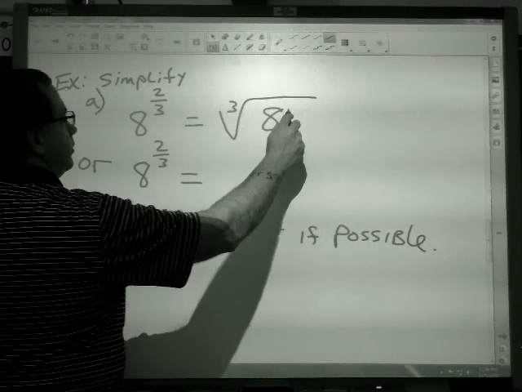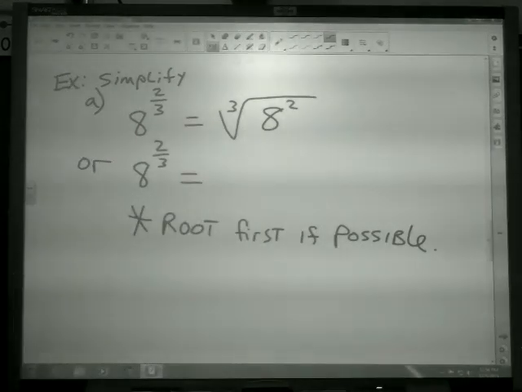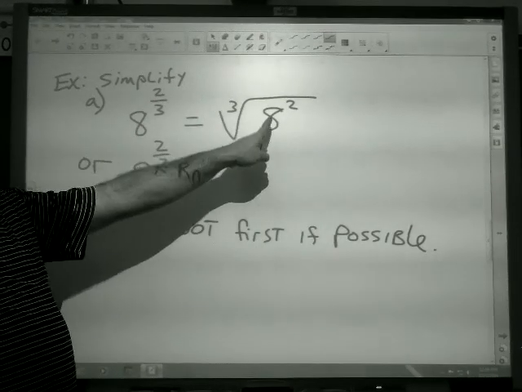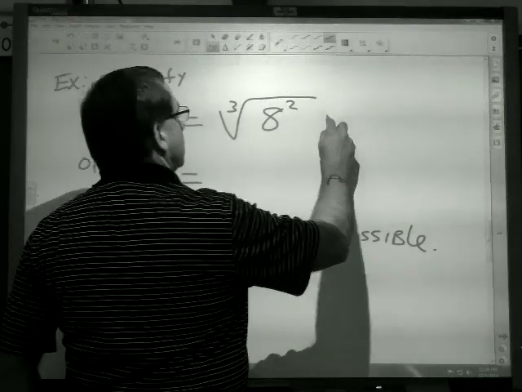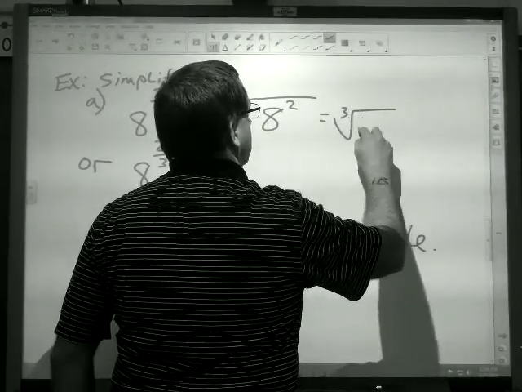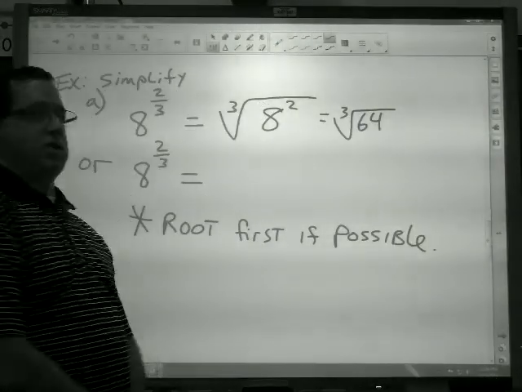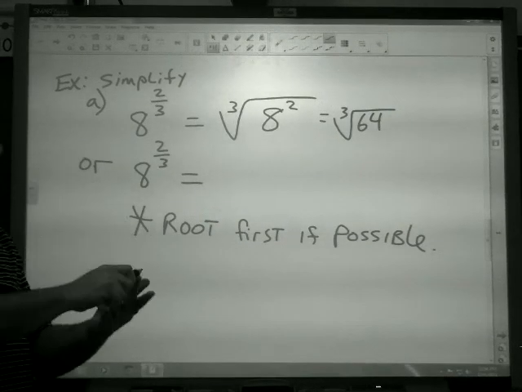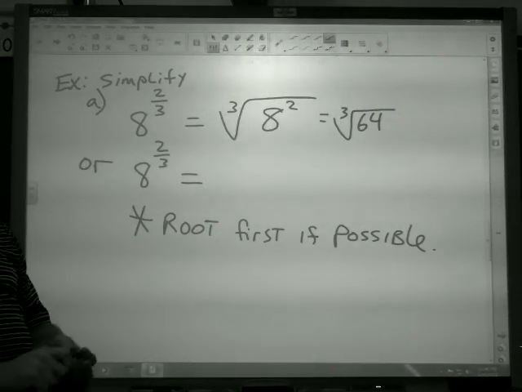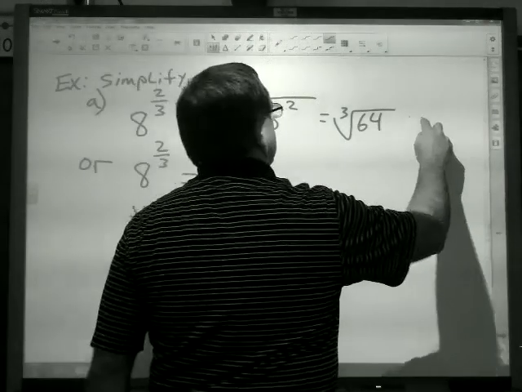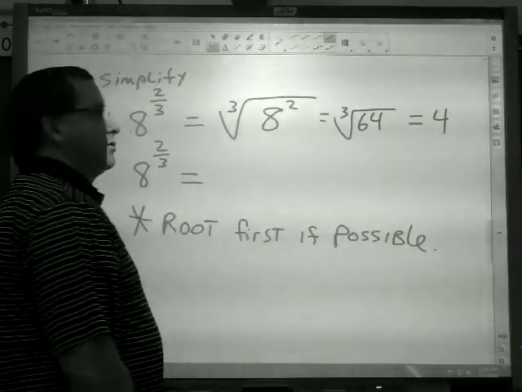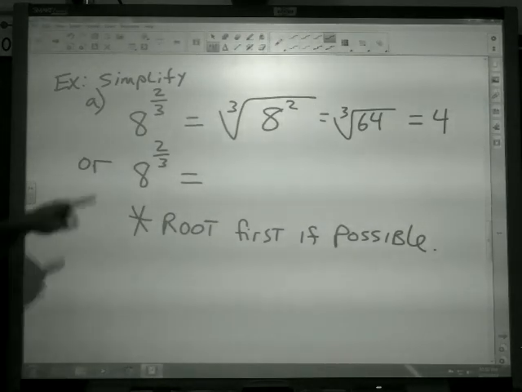Root, power. Simplify. I take 8 and square it. So that's the cube root of 64. So what times what times what is 64? Well, that's 4. 4 times 4 times 4 is 64.